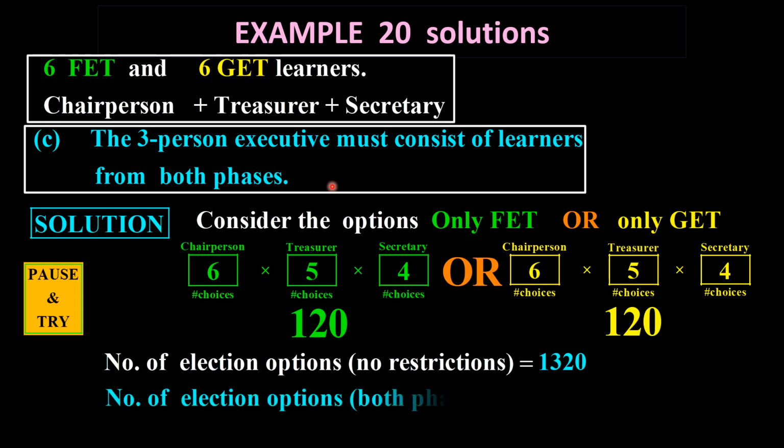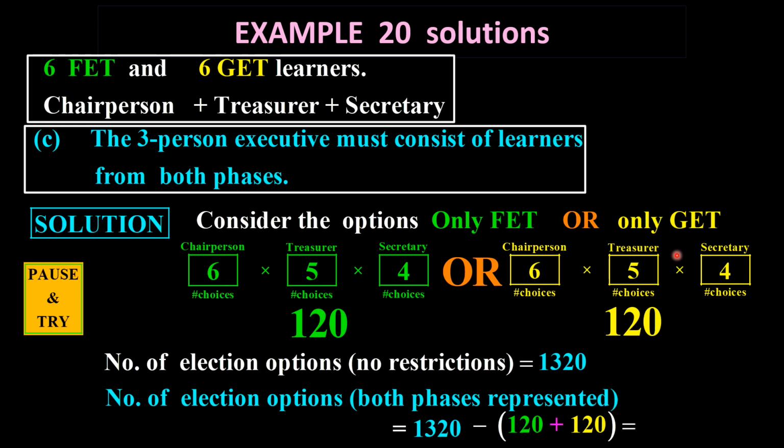Now, to be able to find the number of ways that the committee will consist of learners from both phases, we take the 1,320 and we subtract the cases where it was only FET and GET. So we subtract, and because it's OR, it means 120 plus 120, and we do that calculation, it now gives me 1,080 there.